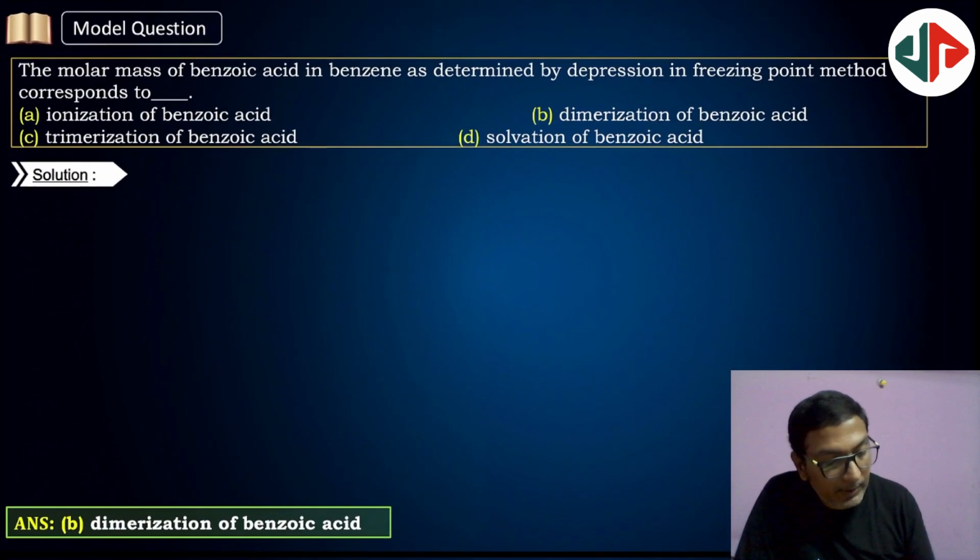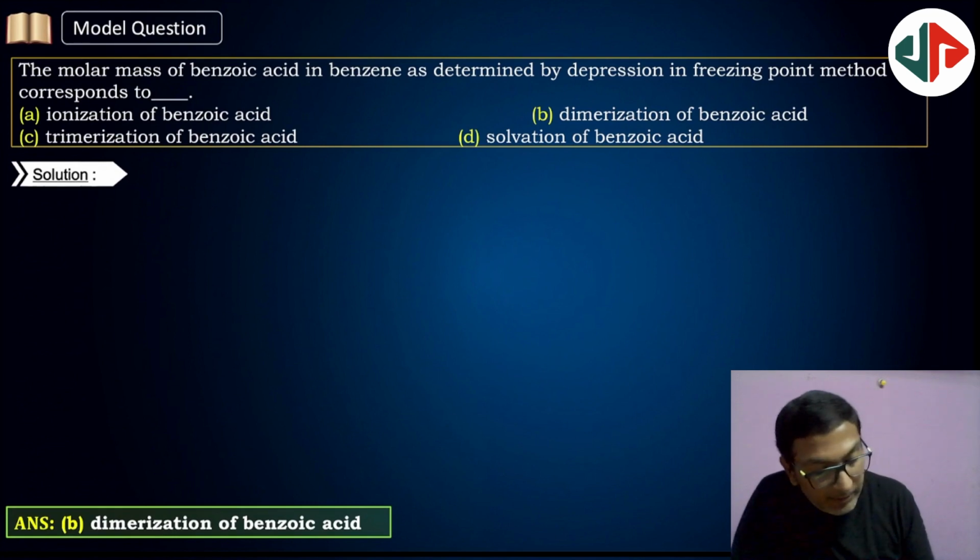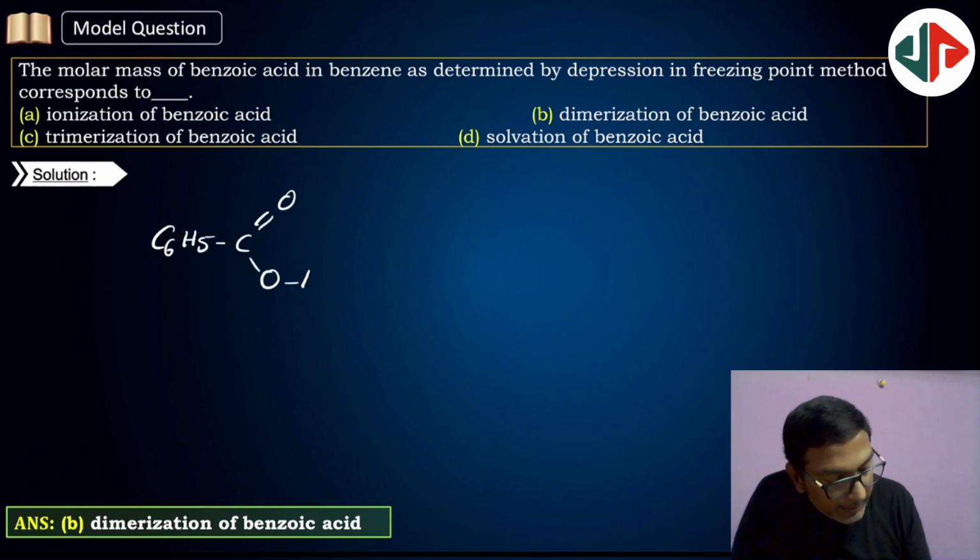Next. The molar mass of benzoic acid in benzene determined by the depression in freezing point method corresponds to dimerization of benzoic acid. C6H5COOH, benzoic acid. Take 2 moles.